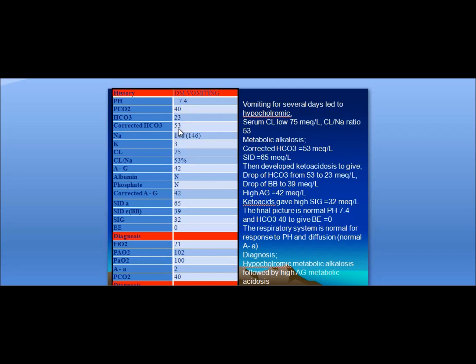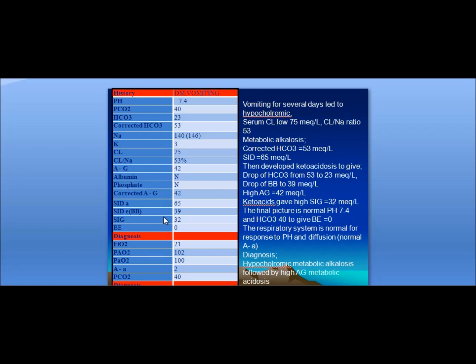So this patient, from vomiting, he developed hypochloremic metabolic alkalosis. Then most probably he developed the ketoacidosis. Why? Bicarbonate dropped from 53 to 23 to the normal, but there is a drop of this bicarbonate.